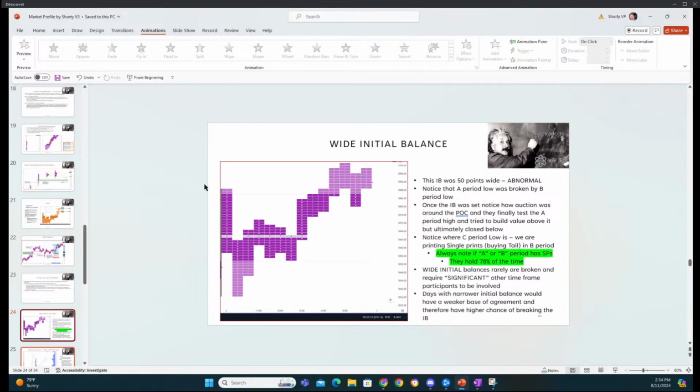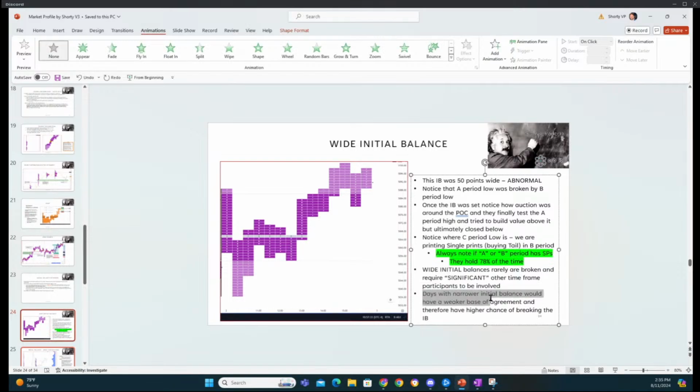Just a normal or a sideways day, right? You will not really have much going on because that's all short-term traders or participants. Once the IB is broken, that's other time frame stepping in, trying to extend the price above or below the level. That's why it's significant to know where that is.